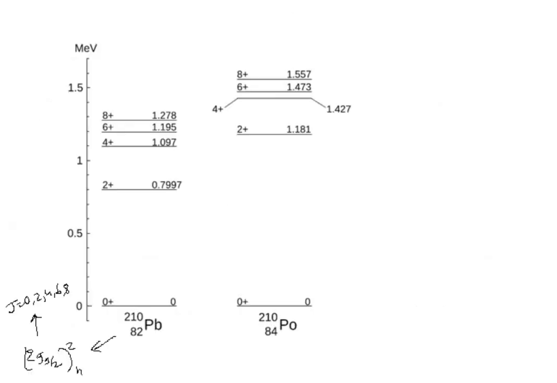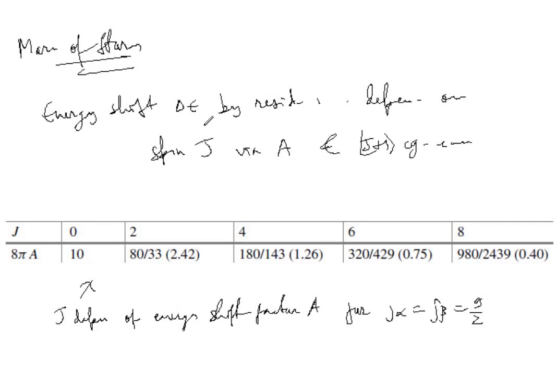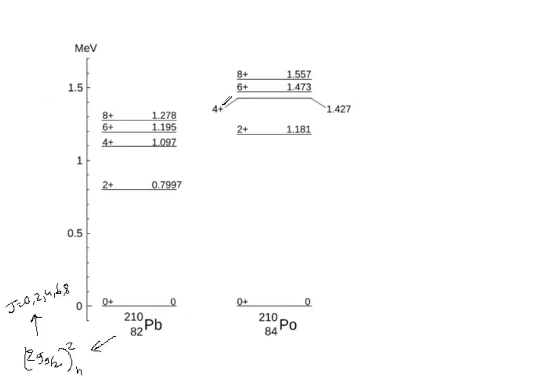So you see what I have done till now, basically you can use this to explain 18 oxygen, but it will be better if I talk about 210 lead here. Previously I talked about 209 lead, remember. Now I am talking about 210 lead. Here we have two neutrons in the g9/2, and remember our previous argument using the M scheme, I have shown you that for two identical neutrons or protons, we will only have even values of the spin.